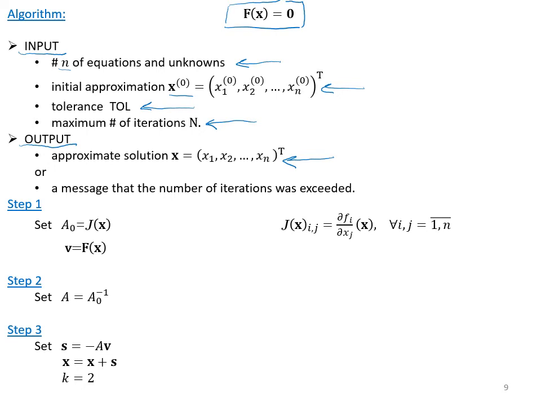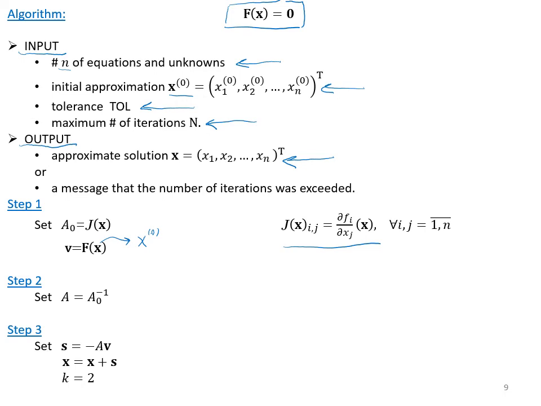Step 1. Set matrix A0 as a Jacobian, where Jacobian is the matrix of our partial derivatives for each i and j between 1 and n. Then define vector v as our vector valued function f. In this particular case, we have x0.